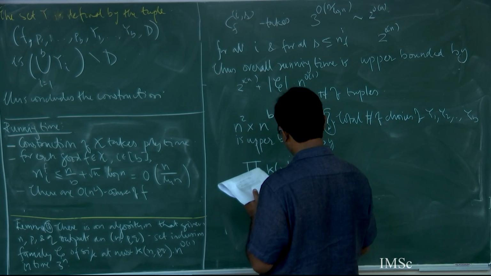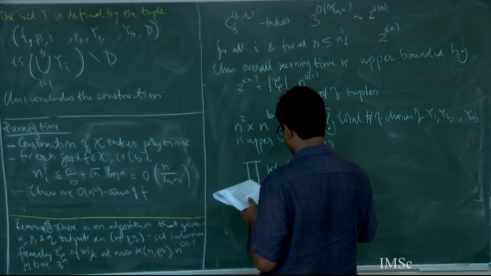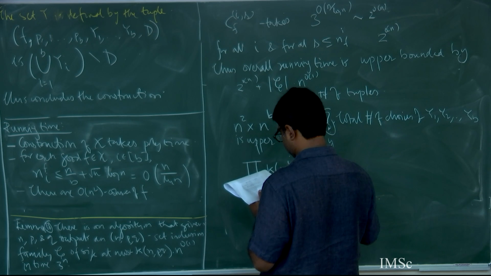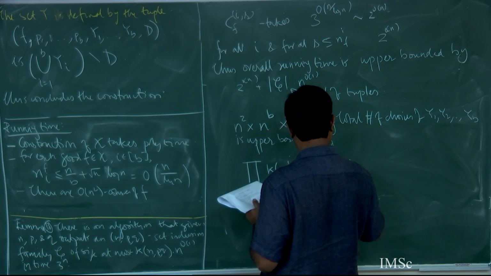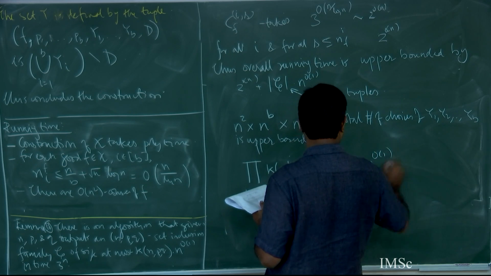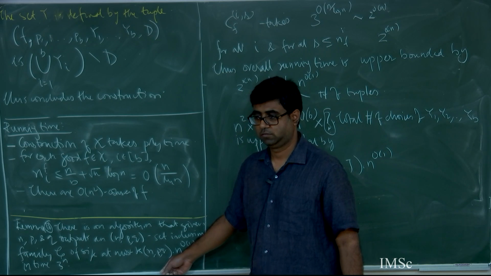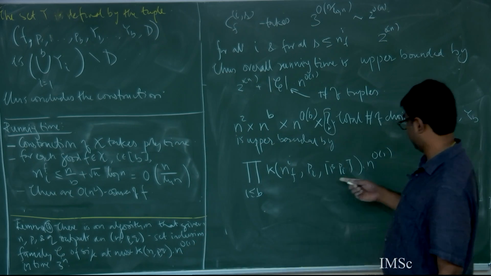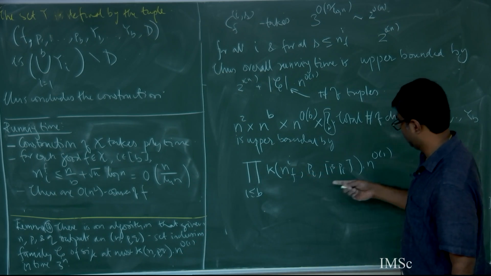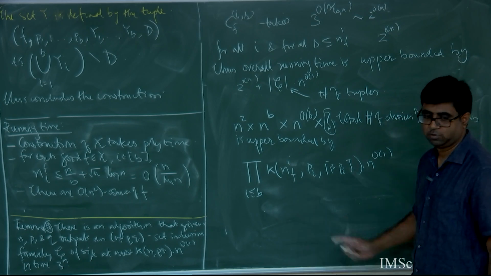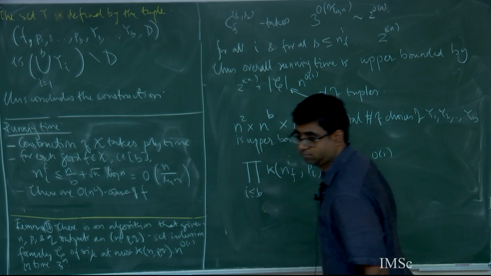N_i choose pi, beta pi, times n to the power big O of 1, right? This is where the construction comes from. This is what I'm going to apply: N_i, pi, beta pi, product over all i less than or equal to b.